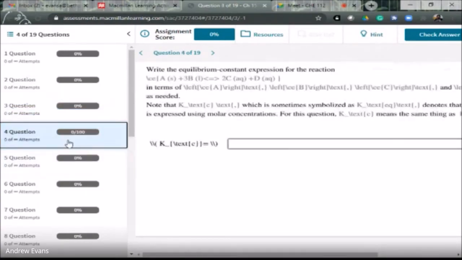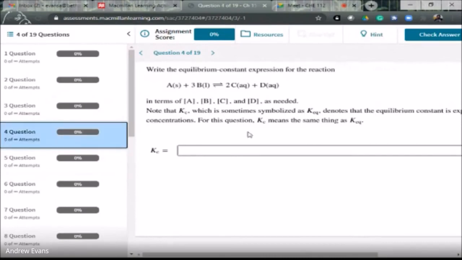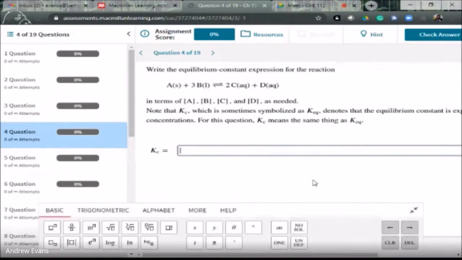But I want to pull up this one, which is the first one where we would not have something in the denominator. We only have something in the numerator because we do not consider pure liquids or pure solids.